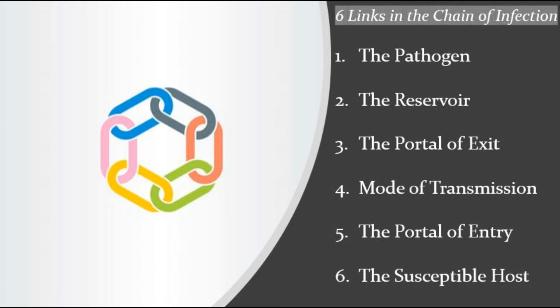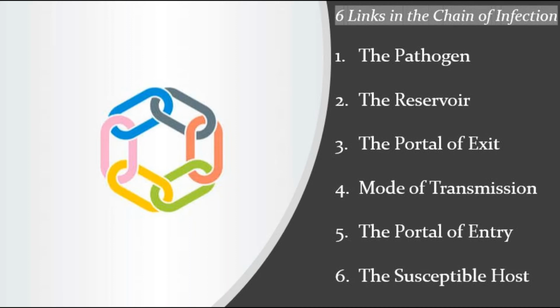And then the sixth link in the chain is the susceptible host. That is a person who is at risk for developing an infection from the disease. Not everyone who encounters a disease will become sick. There are factors that make a person more likely to become infected. Some of these factors are age; elderly people are more susceptible.